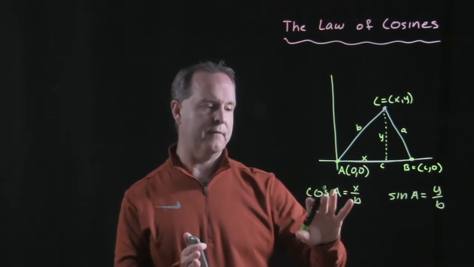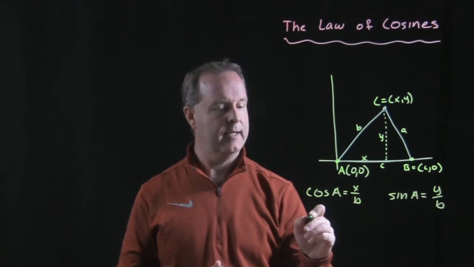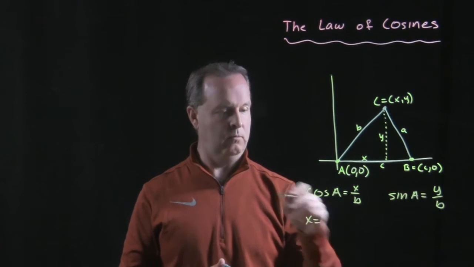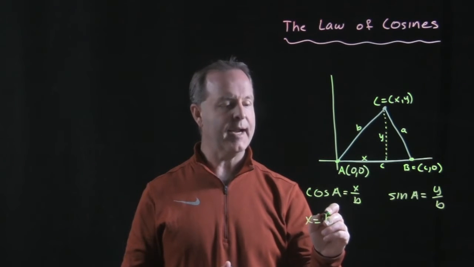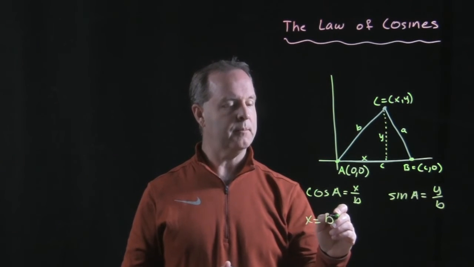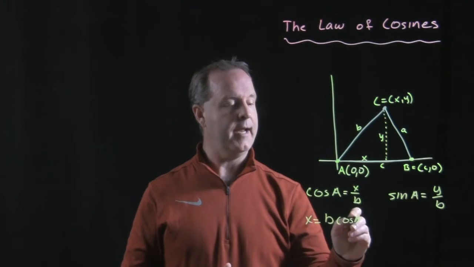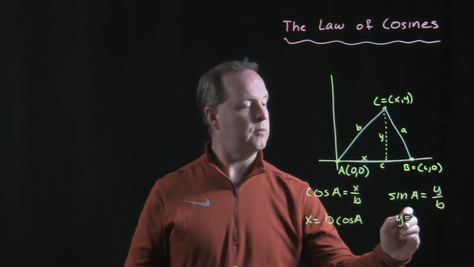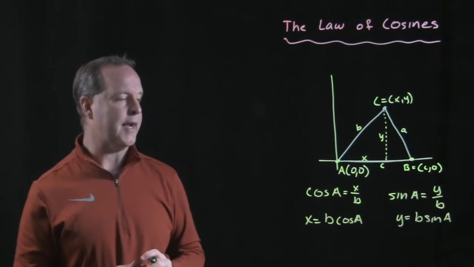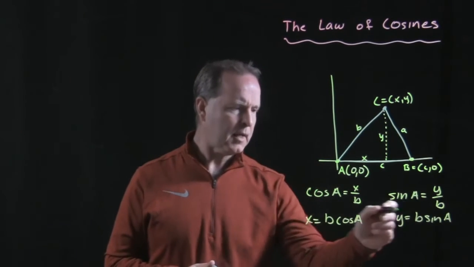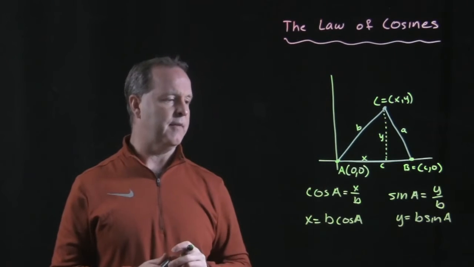Solving both of those, one in terms of x and one in terms of y, x equals B cosine A, and y equals B sine A. I wanted to rewrite my notations in terms of x's and y's.